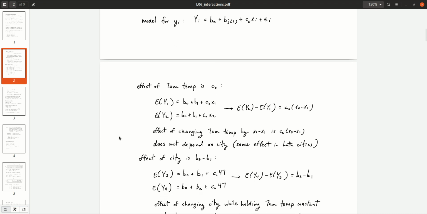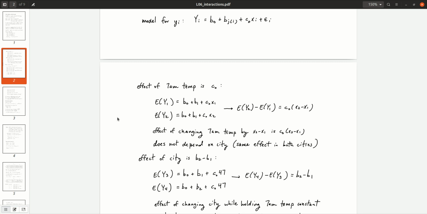Now let's see why we call this an additive model according to our definition. I'm going to keep the model formula right here. The effect of the 7 a.m. temperature, since this is a numeric covariate, is the slope, which in this case is C0. That's the parameter that multiplies X_i, the 7 a.m. temperature.